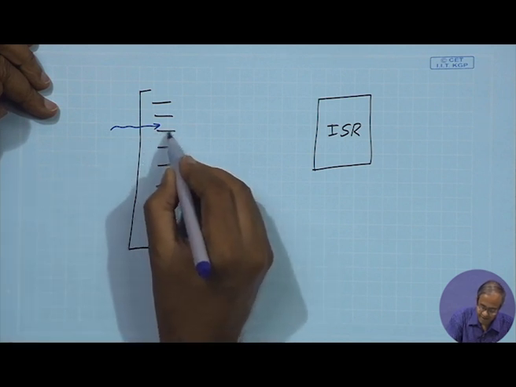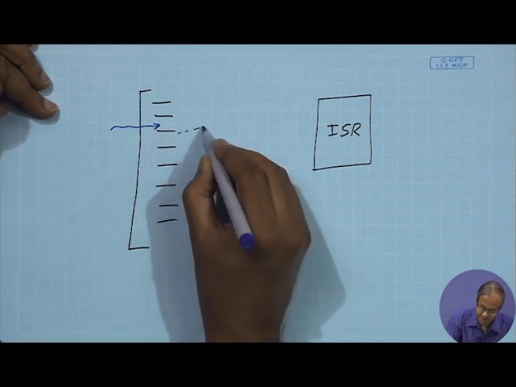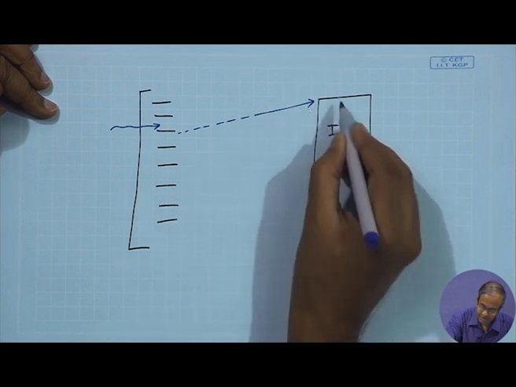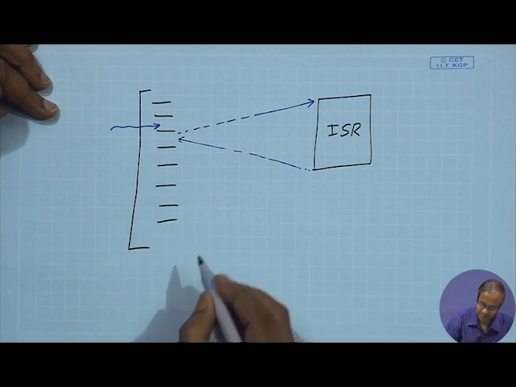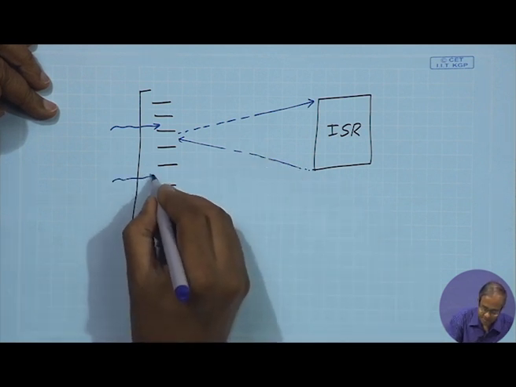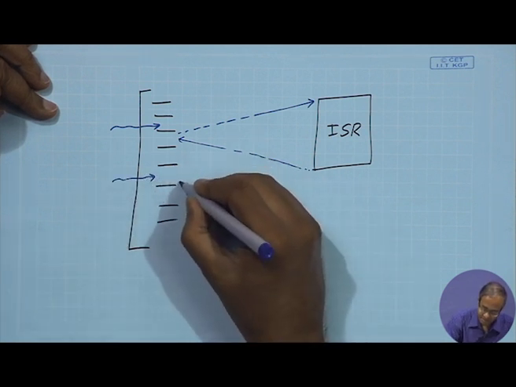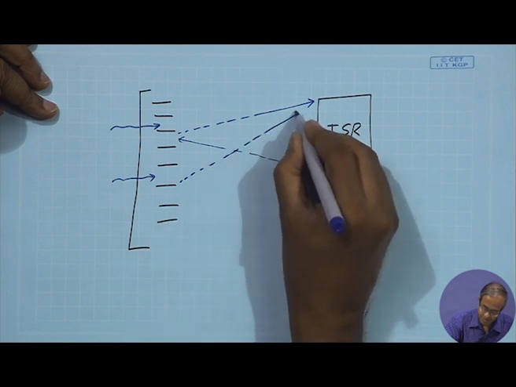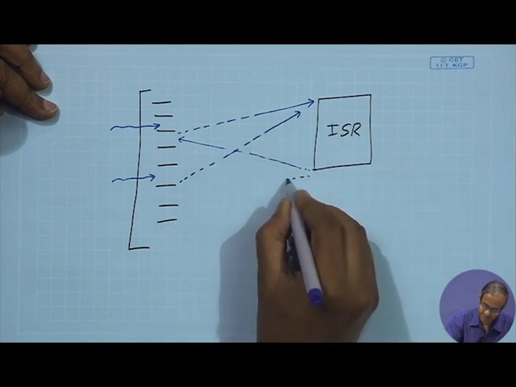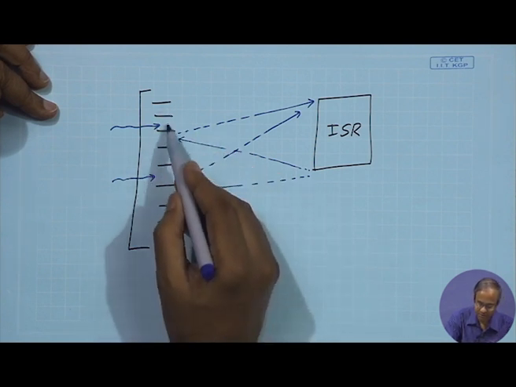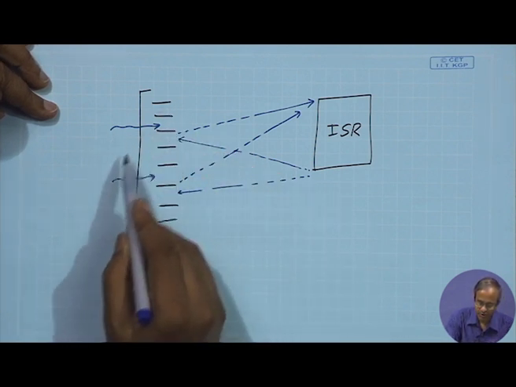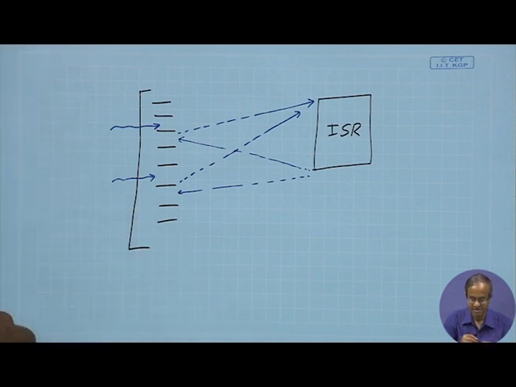Then after the execution of this instruction, you will be jumping to the ISR, it will finish and then it will return back. Maybe the interrupt has come here, then after execution of this, control will jump, it will get executed and it will return here. So, it can actually jump from anywhere in the program depending on where the interrupt request is actually coming. Okay? Fine.